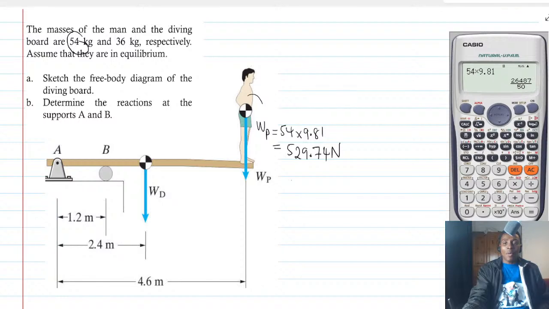And the driving board, so the weight of the driving board is going to be what? 36 multiplied by 9.81. What is that?